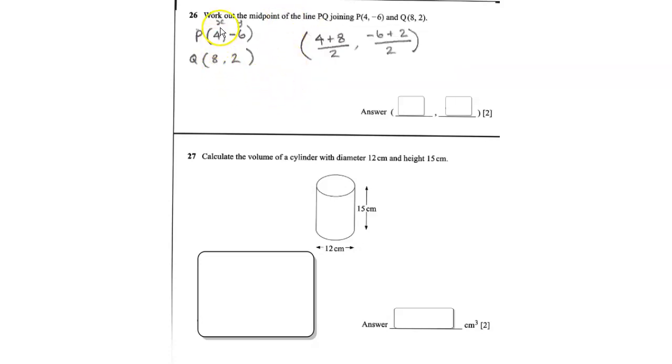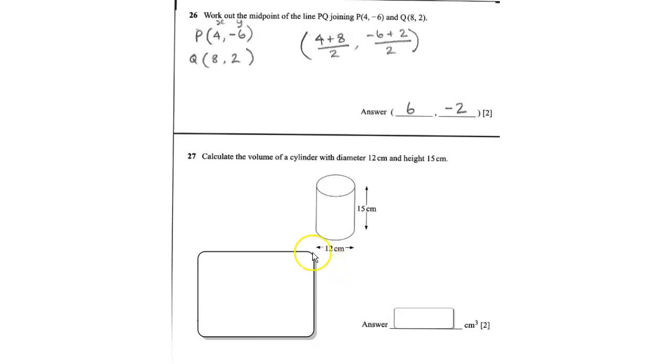We've got 4 plus 8 is 12, divided by 2 is 6. Next we add our Y coordinates and divide by 2. So minus 6 plus 2 is minus 4, and then divide by 2 is minus 2.